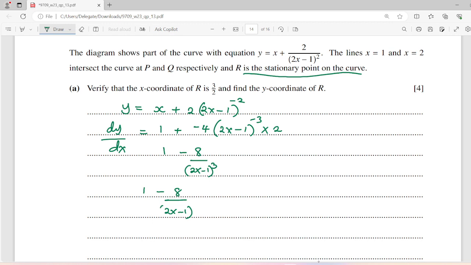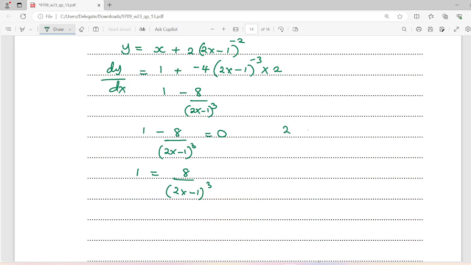When you cross multiply, you'll end up having 2x minus 1 cubed equaling 8. You take the cube root both sides. So you end up having 2x minus 1 equaling 2. Cube root of 8 is 2, so I'll have 2x equaling 3, and x as 3 over 2.